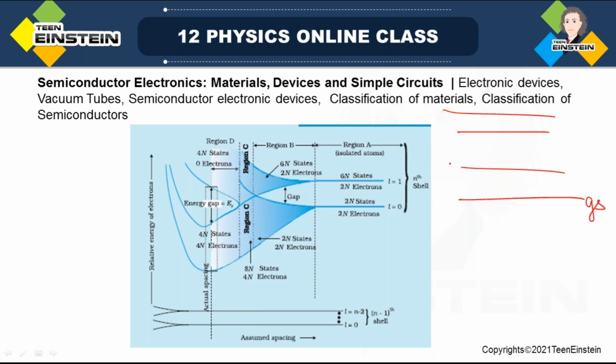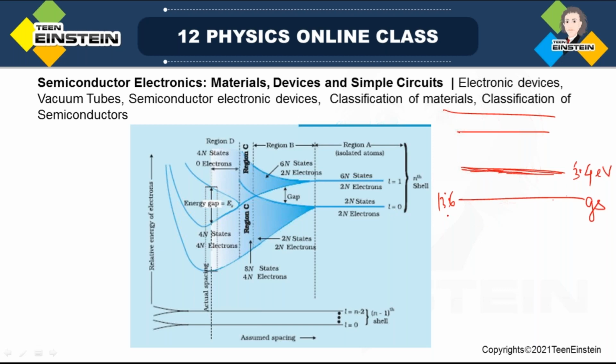These are just simple lines, that means energy has a single value. If this is 13.6 and this is 3.4 electron volt, that means each line is a single valued energy line.